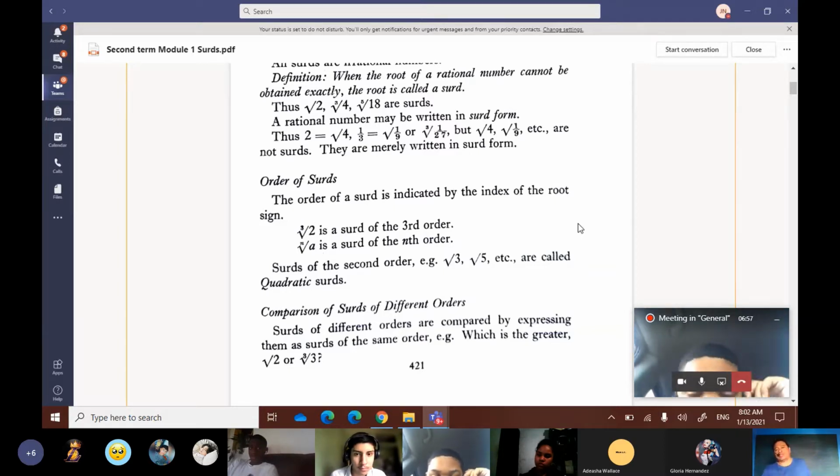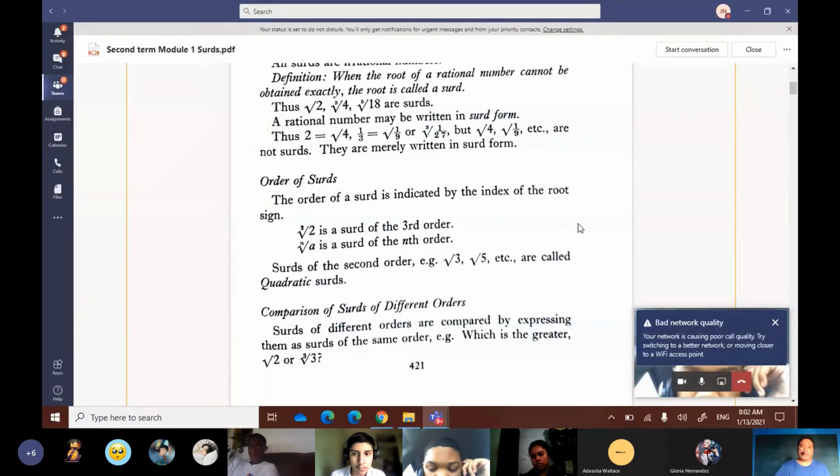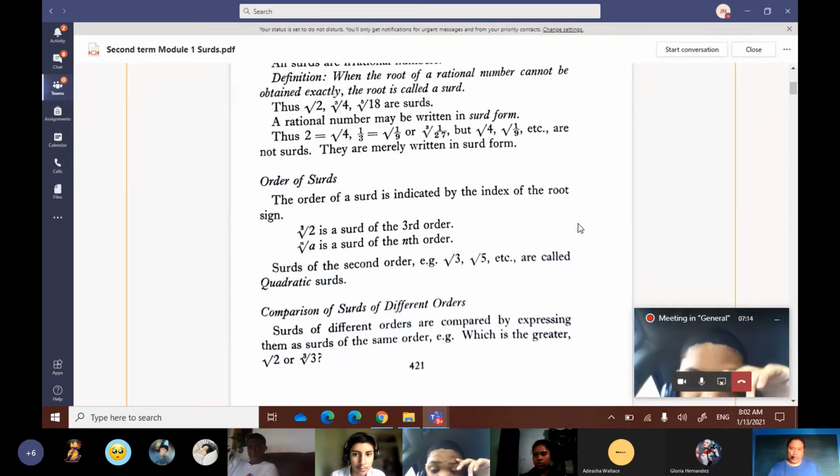The root is called a surd. Numbers such as the root of 2, the cube root of 4, the fifth root of 18 are surds.